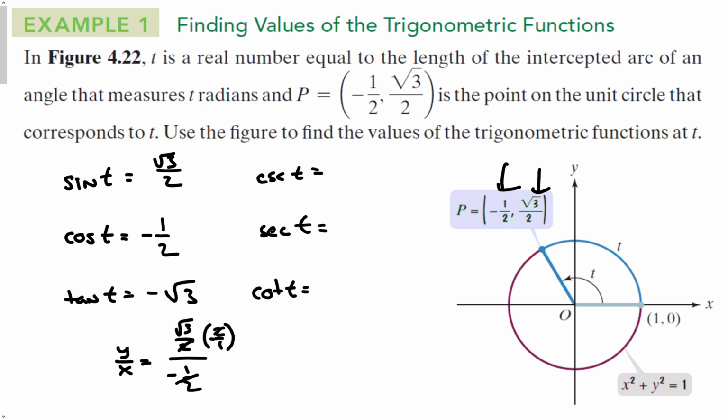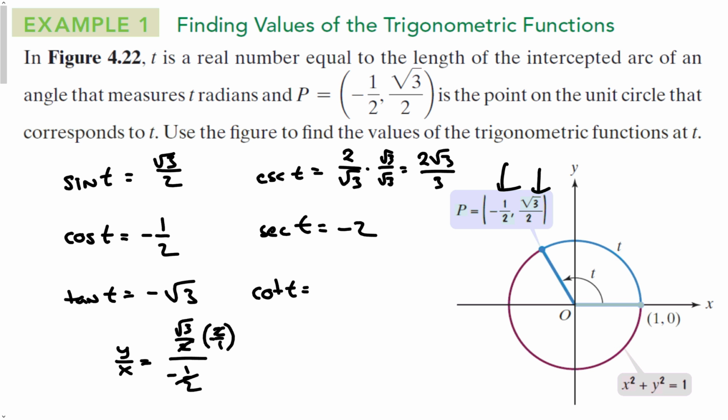Then to get the reciprocal functions, I just flip them over, remembering, of course, that a radical in the denominator is not okay, because we'd never leave a radical in the denominator. So multiply the top and the bottom by the square root of 3, and we get negative 2 radical 3 over 3. For secant, flipping over negative 1/2 is easy. We just flip it, negative 2 over 1.